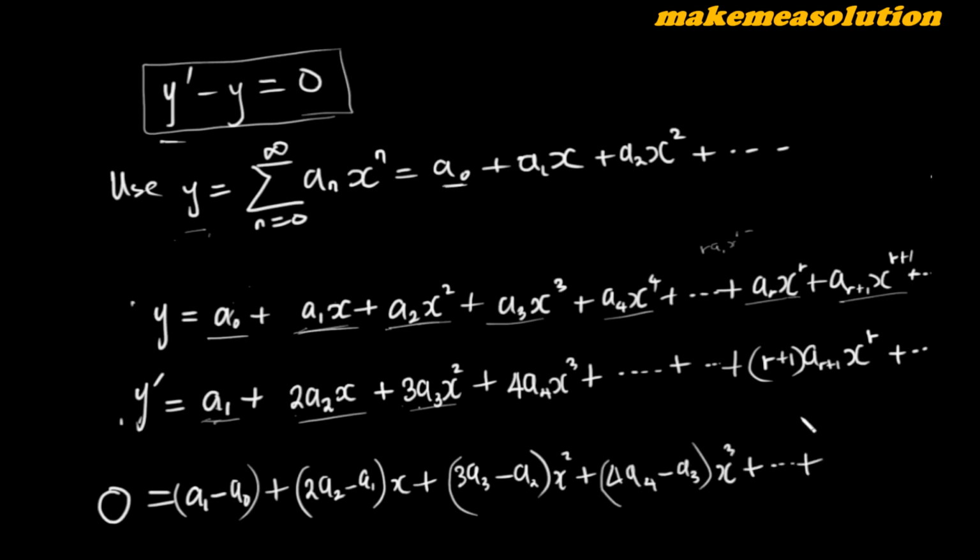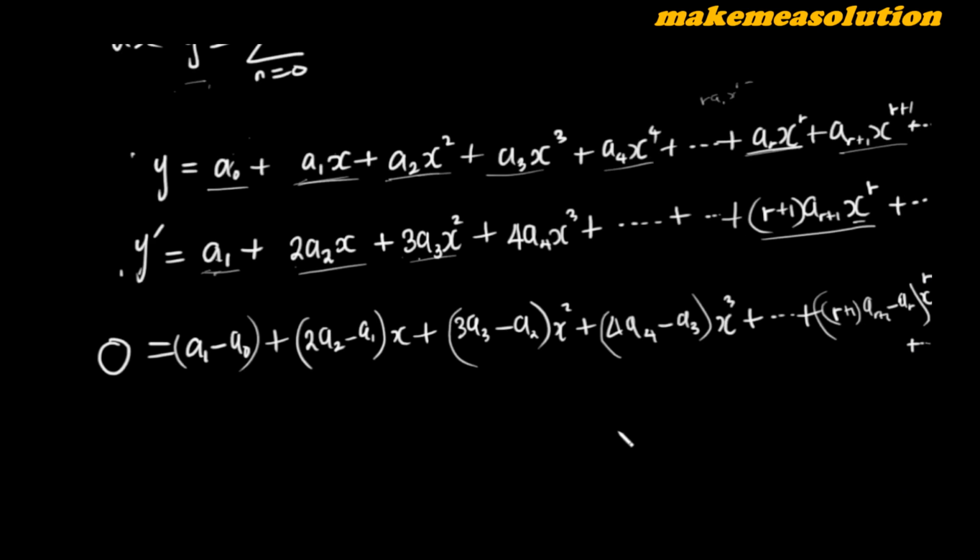And when you get to this term, since they have the power x to the r, it will give you r plus 1 a(r+1) minus ar in x to the r, then plus dot dot dot. Sorry, that one is kind of squeezed.